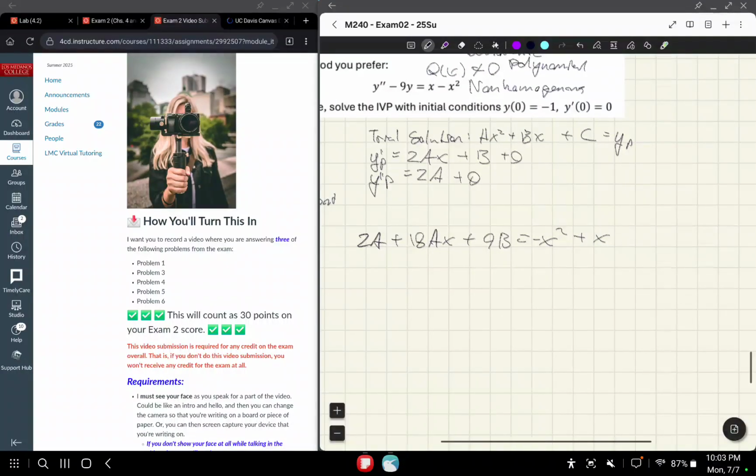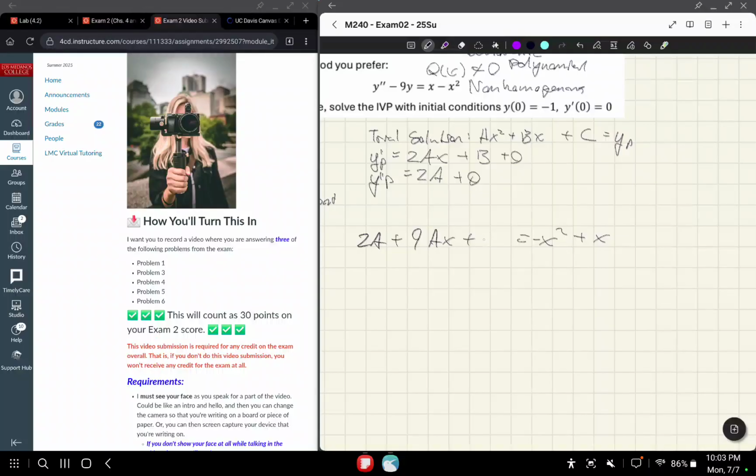After that, we have to match up the coefficients. I was looking at y sub p, so this should just be 9, not y sub p prime.